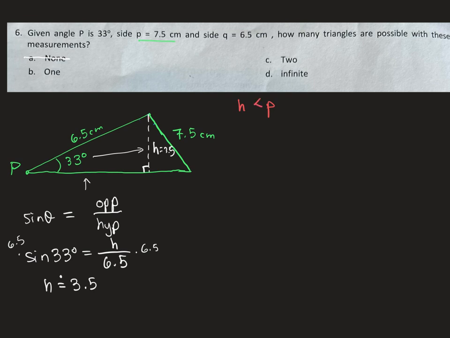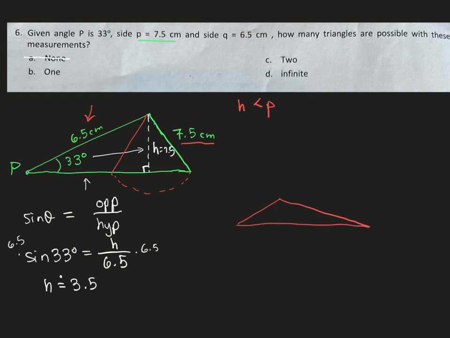Now, we could have two triangles if we swing this side over here and create another triangle like that. However, the side 7.5 would have to be less than 6.5 for that, because it actually looks more like this, where this is really long.